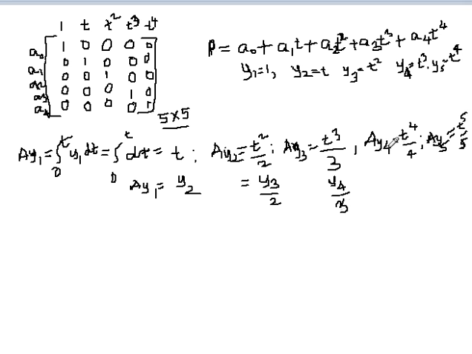And A y4 is t to the power 4, which is nothing but y5, divided by 4. By using this, we can write the integration matrix, which is now, let's call it, the integration matrix.